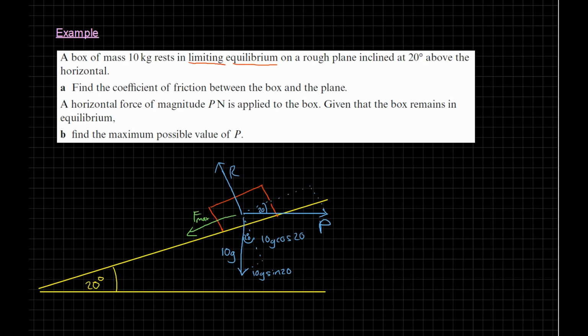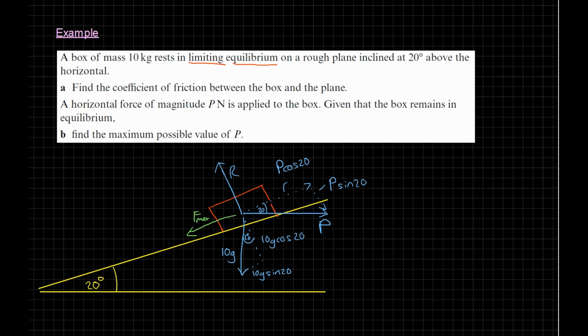So then here we've got p sine 20, and here we've got p cos 20. Let me just put the arrows on these just to make it clear. So it's in limiting equilibrium, we know that because we're looking for the maximum possible p.